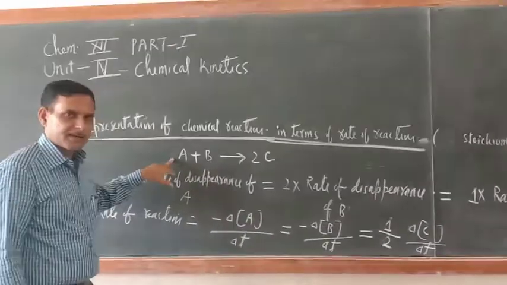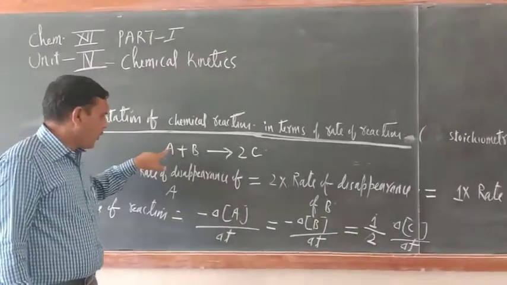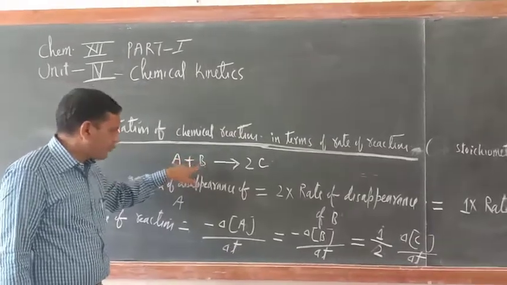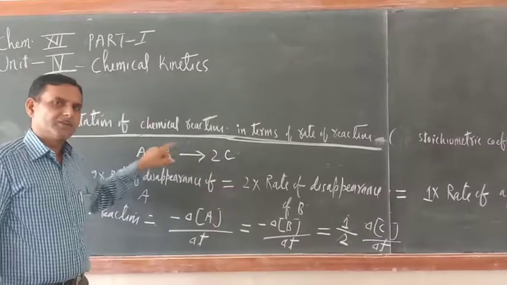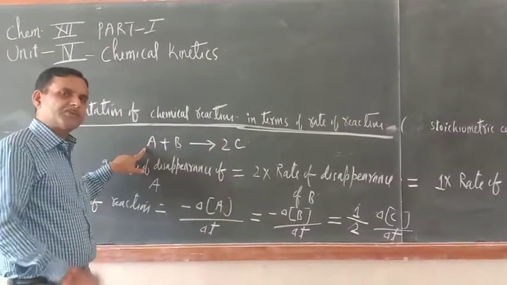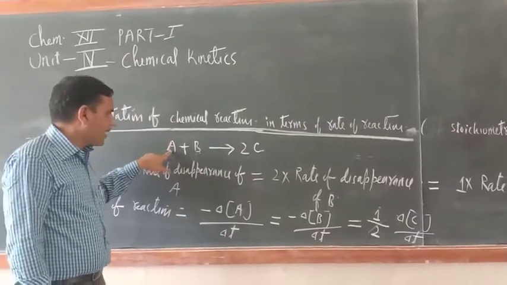Just see. When 1 mole of A combines with 1 mole of B, then 2 mole of C is formed. We can say it like this also.